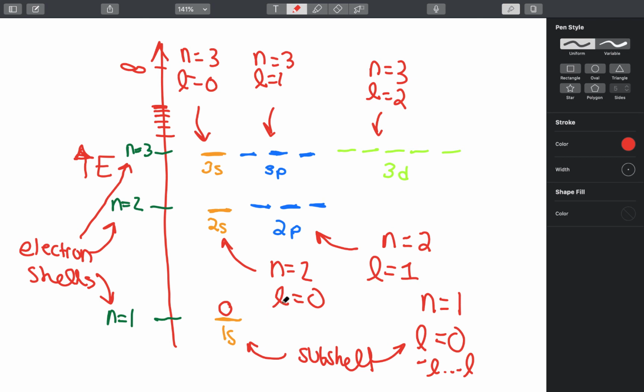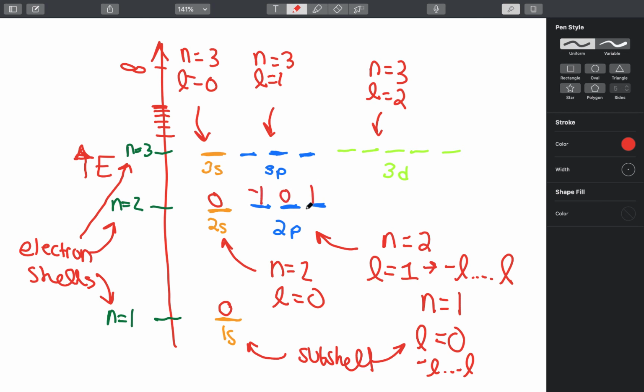Now, if we move up to the second electron shell, n equals 2, we have the 2s subshell. So what will we label this orbital? 0. Now, the 2p has an L value equal to 1.